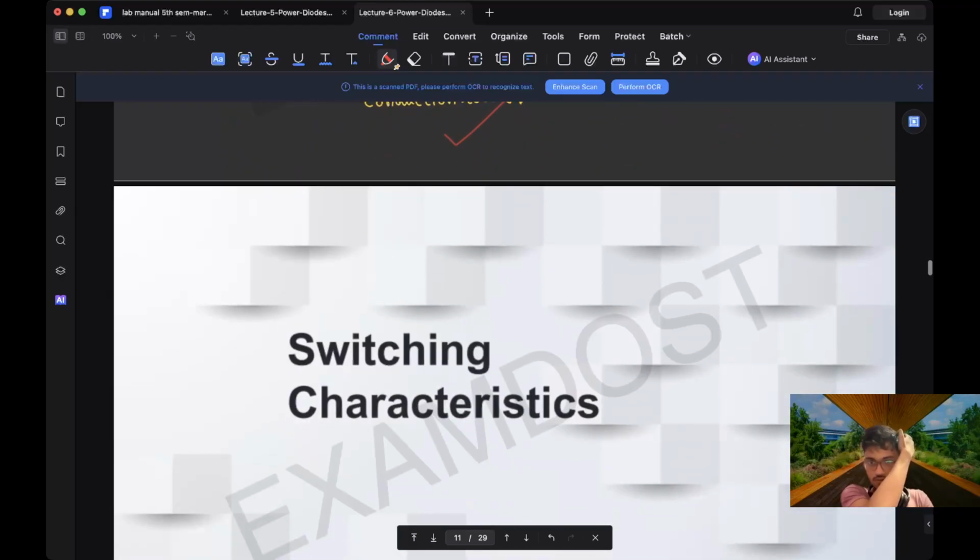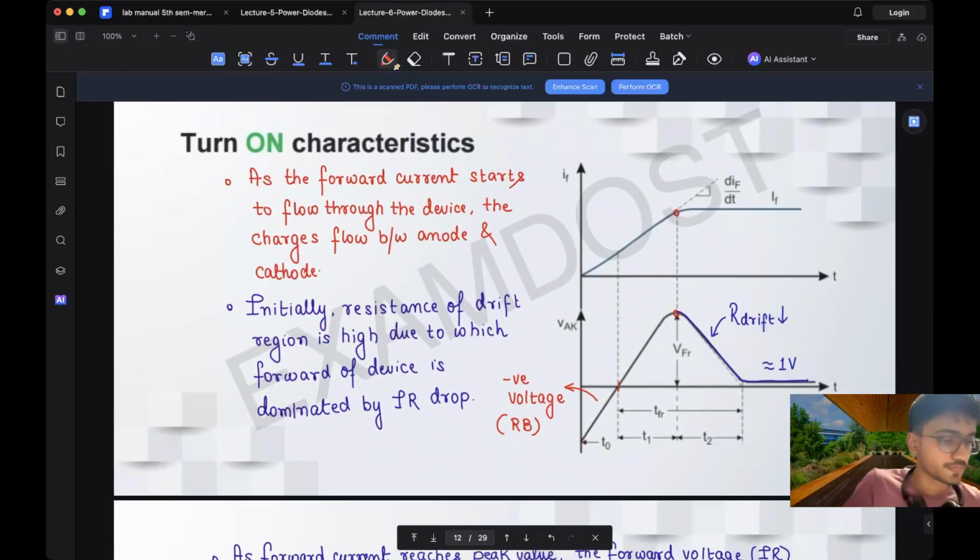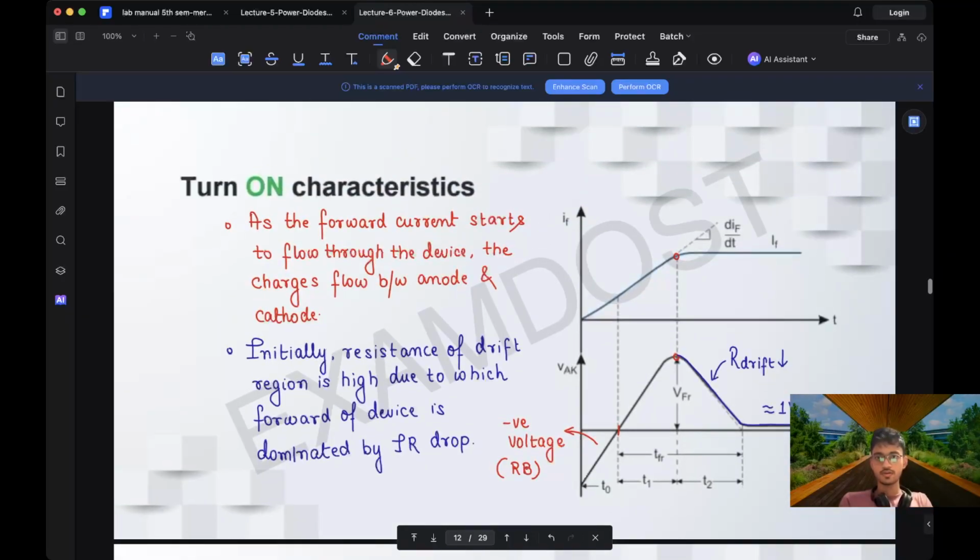Okay, now the switching characteristics. It is very important. Let me understand this topic also.